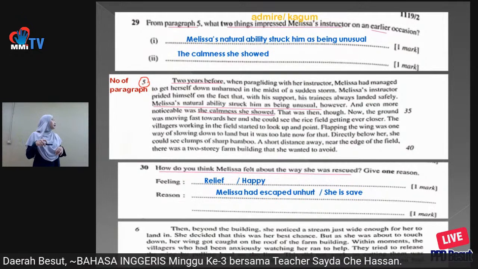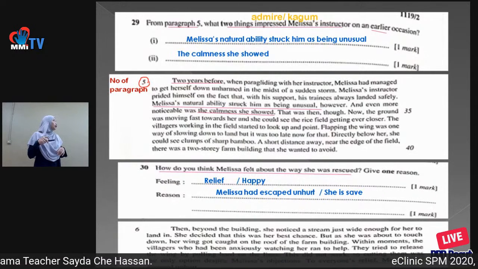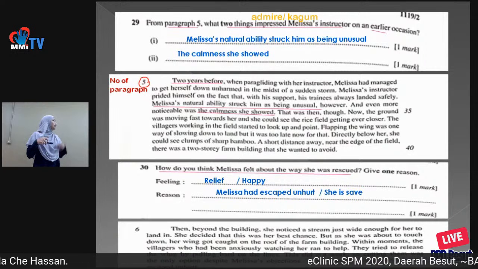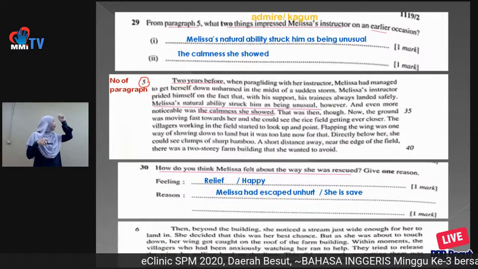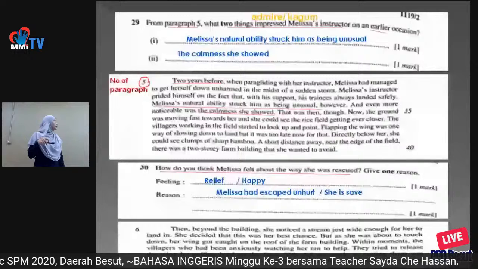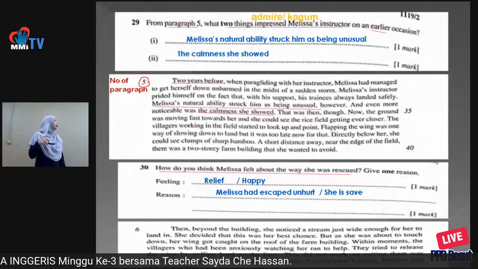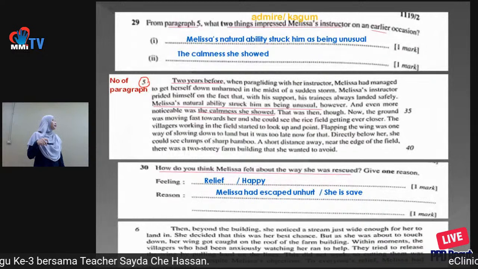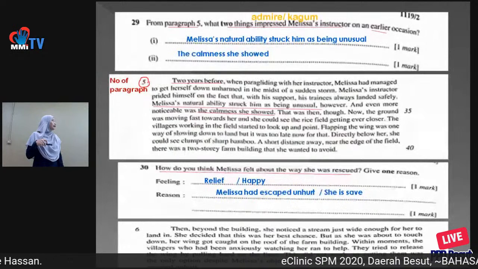Within moments, the villagers who had been anxiously watching her ran to help. If you read through, memang ada villagers, ada orang kampung, tengah tengok dia terkial-kial di udara tu lah masa tu. And then these villagers, they ran to help. They tried to release the wing by pulling hard on the line. So kira bila dia punya wing ni tersangkut atas roof tu, dia tergantung lah kan.